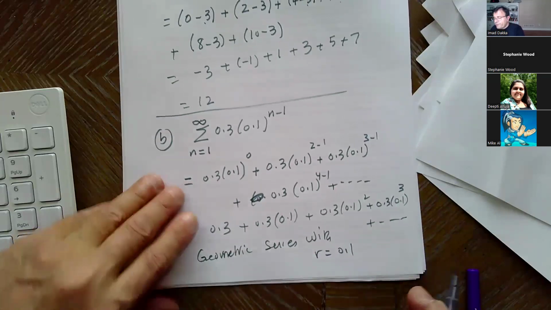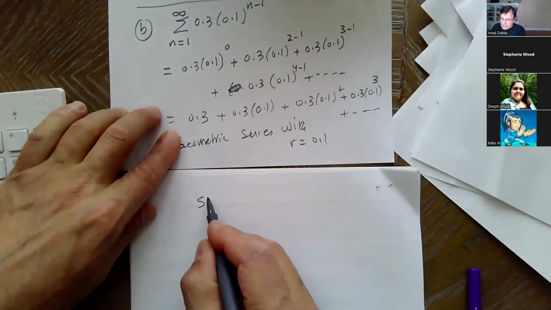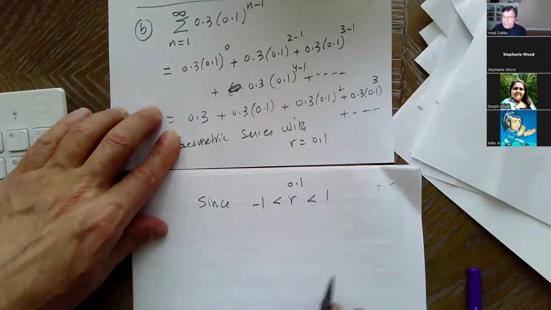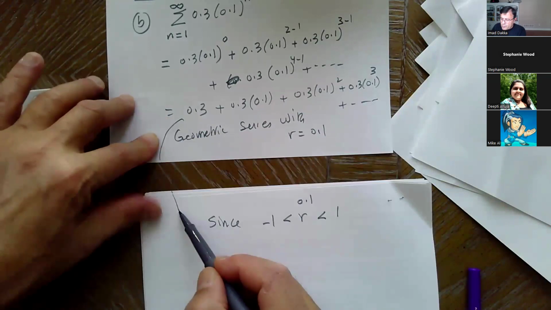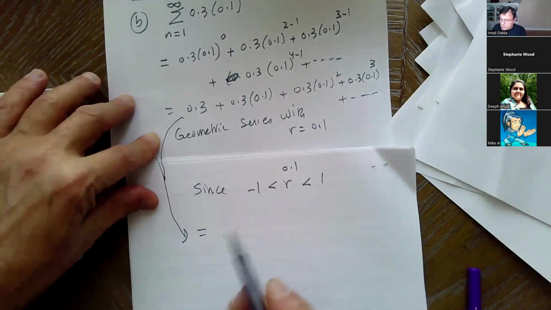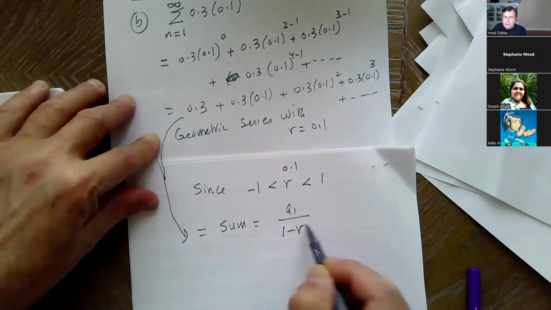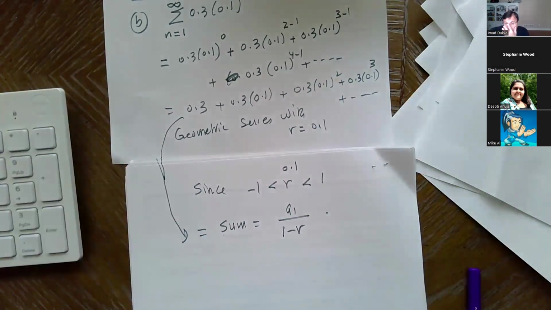And we know, since R is between -1 and 1, because 0.1 is between -1 and 1, this is equal to the sum, which is A1 over 1 minus R. That's the sum of the terms of a geometric series as long as the common ratio is between -1 and 1, which is the case because the common ratio is 0.1.